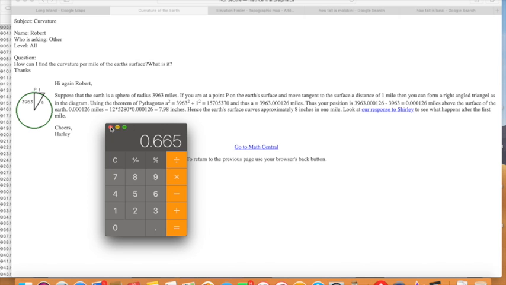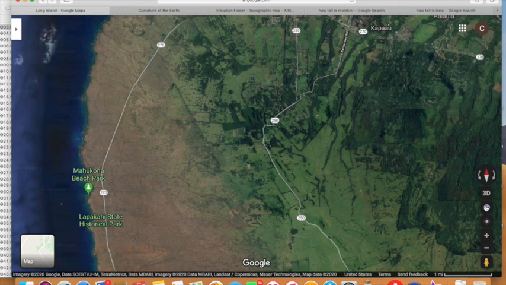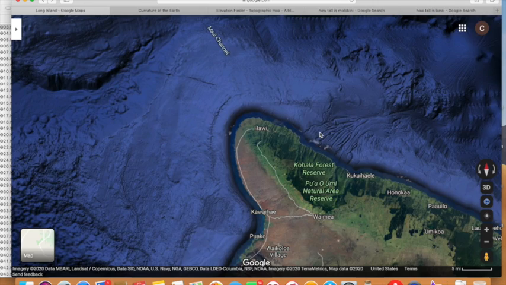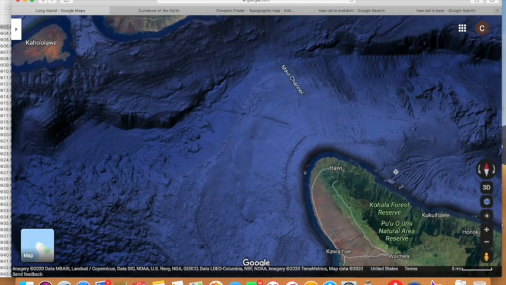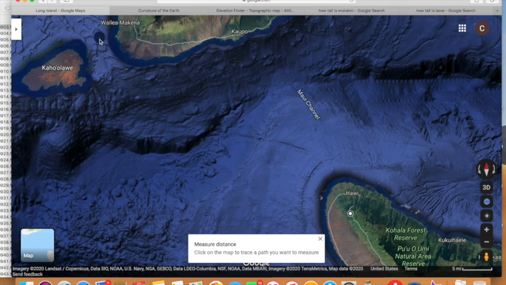So, let's go back to our map, because we're not quite done here figuring out our bearings. I want to measure the distance between the two. Okay, so my hike is around like this here. Let's start from the top. Measure distance, please, to Molokini.